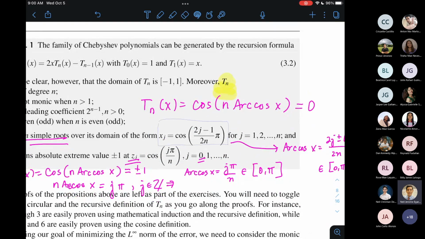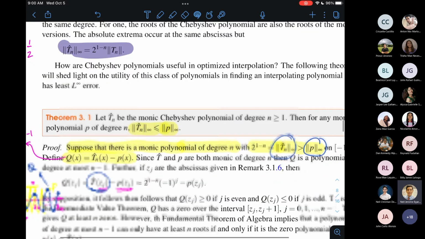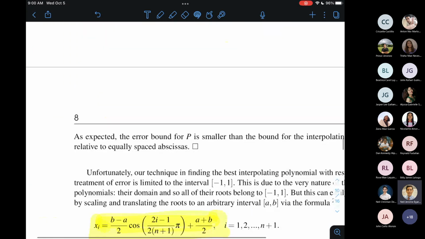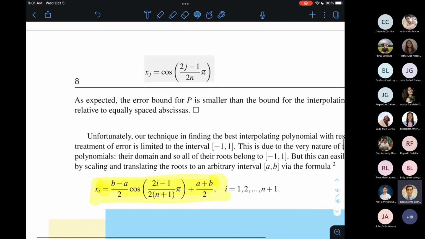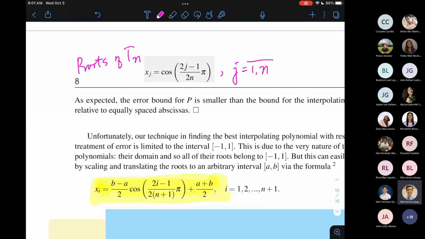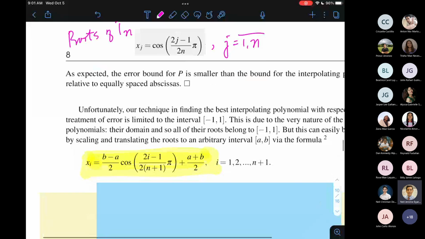Oh yeah, thank you for asking that. So, ngayon ko lang siya napansin. Hold on. At yung formula para dun sa bawat roots, j going from 1 to n, roots to ni T sub n. Tapos itong x sub i dito, siya dapat yung mga roots ni T sub n plus 1. Right? Root siya ni T sub n plus 1.